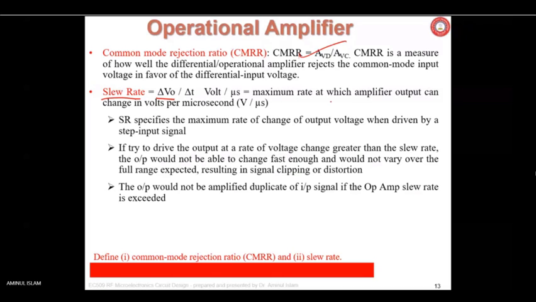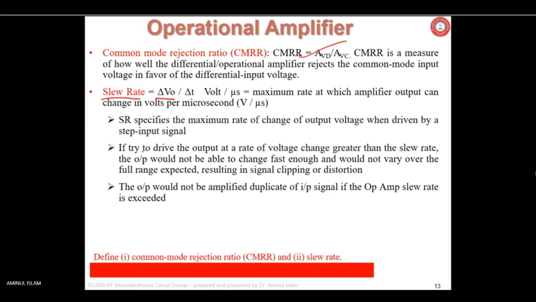The maximum rate at which the amplifier output can change, in volts per microsecond, is called slew rate. So SR specifies the maximum rate of change of the output voltage when driven by an input step signal.